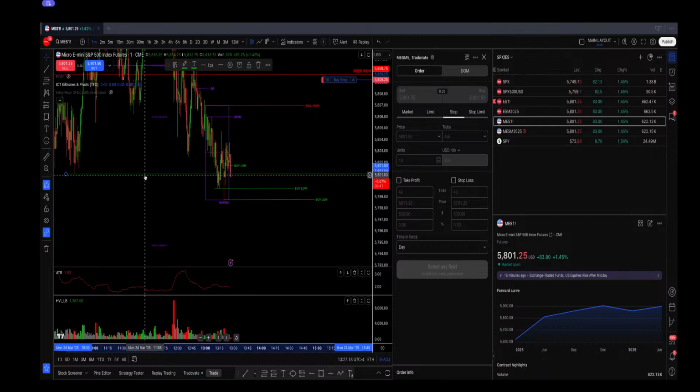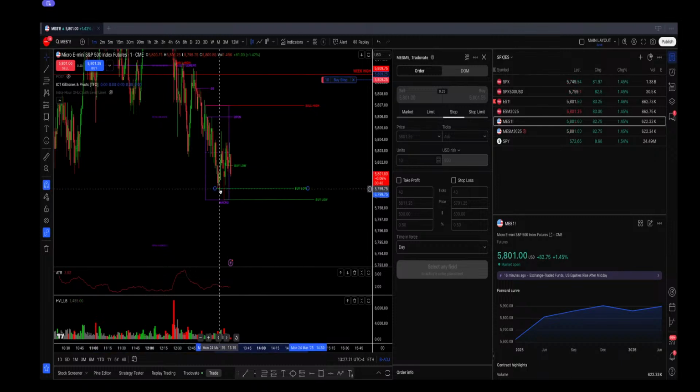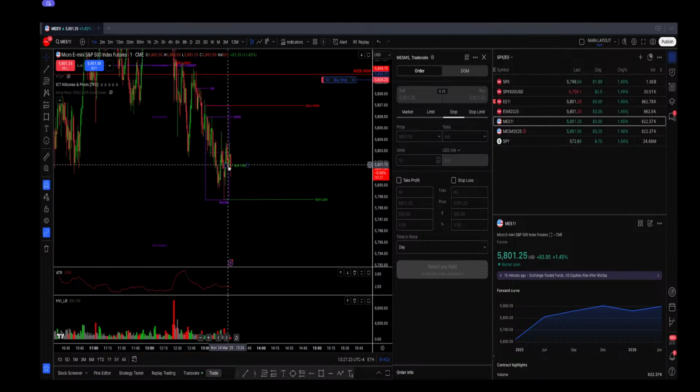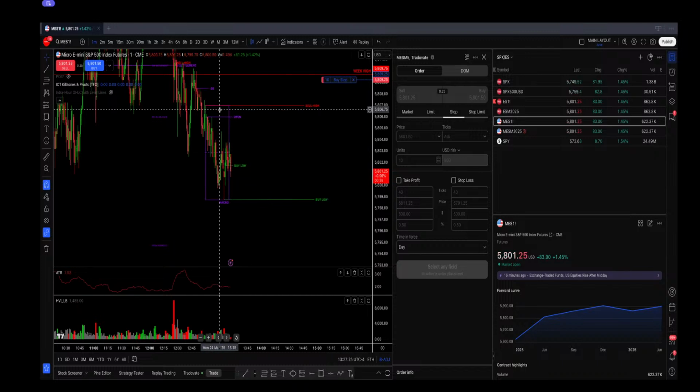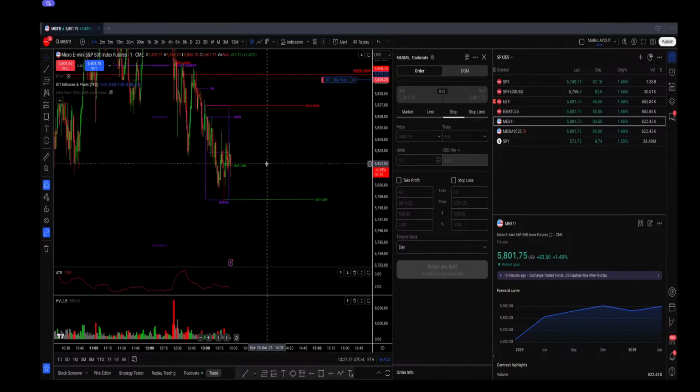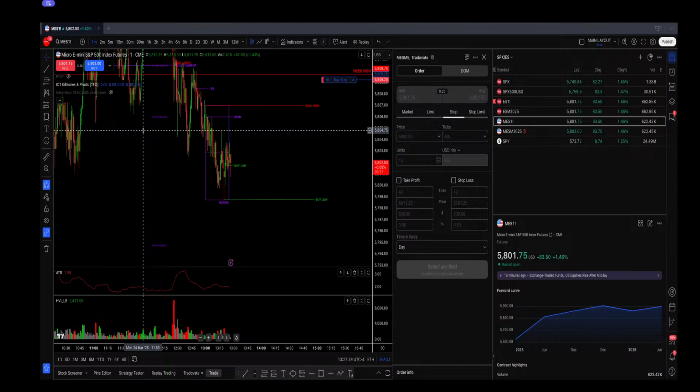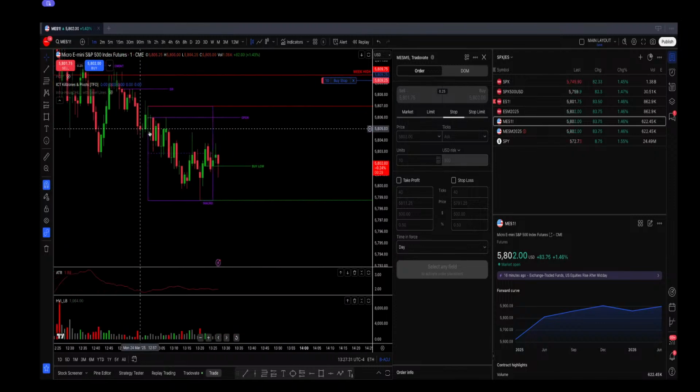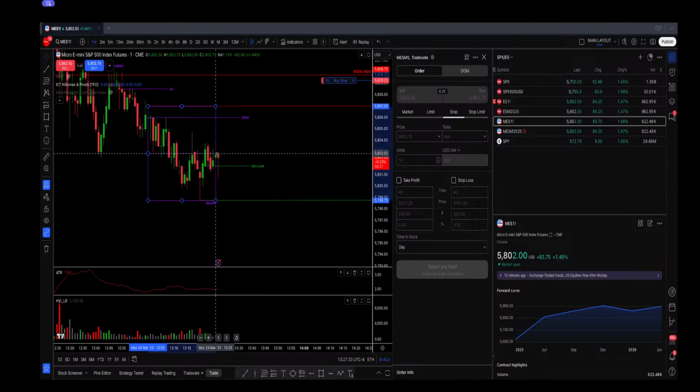Alright, so with this mitigated and this tag, we're just looking at this buy low, then this sell high, and this buy low. Okay.